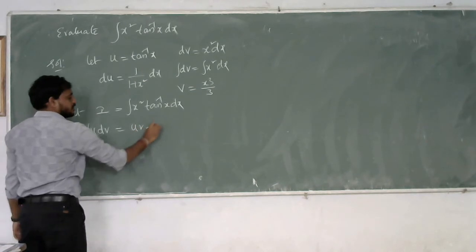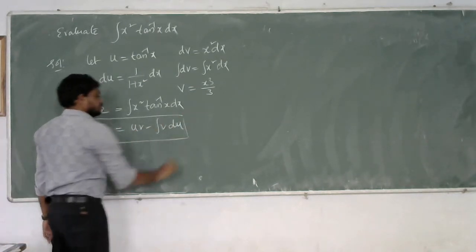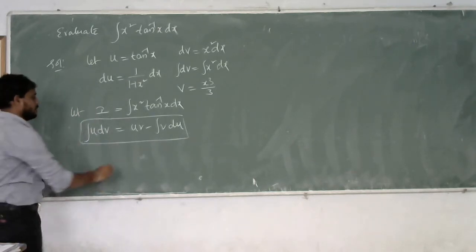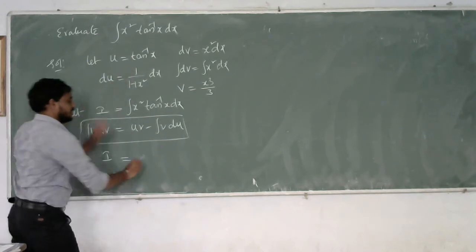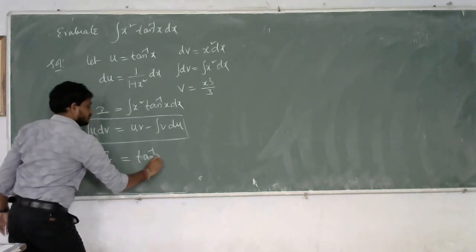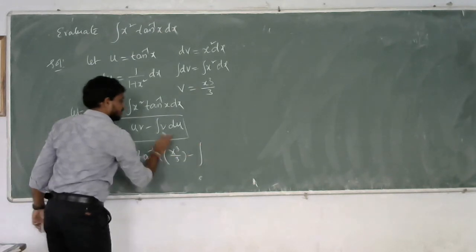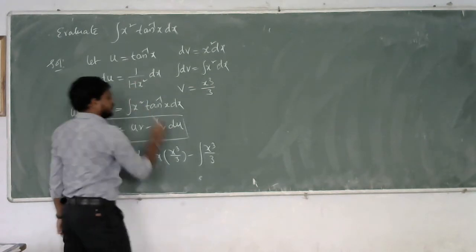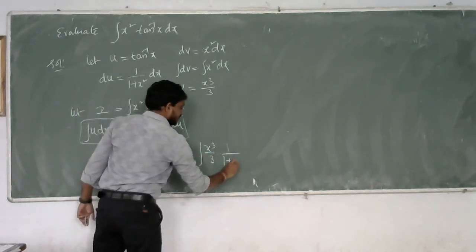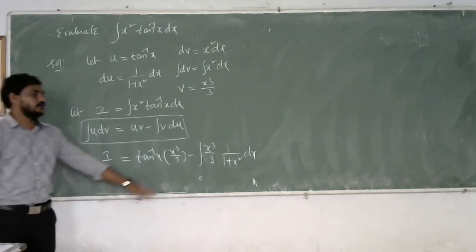So what is the formula? uv minus integral v du. So let us use this formula. Here I equals u value, what is u value? Tan inverse of x into v, x cubed by 3, minus integral v, x cubed by 3 into du. Du value is 1 by 1 plus x square into dx. Right? Now we have to evaluate this integral.